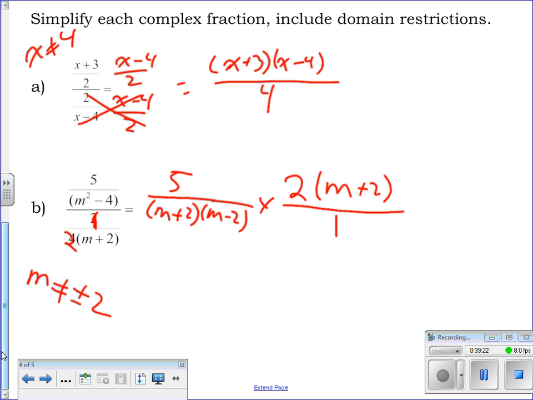Take the second fraction, flip it up, and multiply. Piece of cake, isn't it? Cross cancel. 5 times 2 is 10. 1 times (m minus 2) is m minus 2.